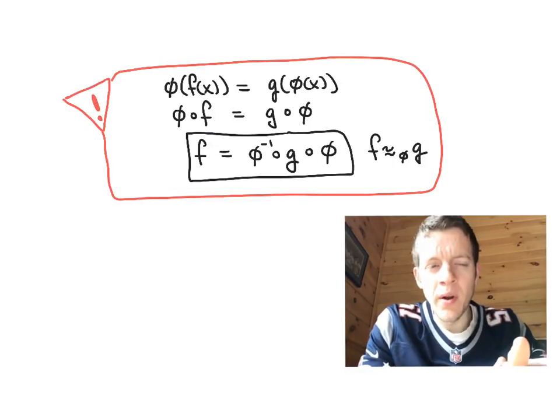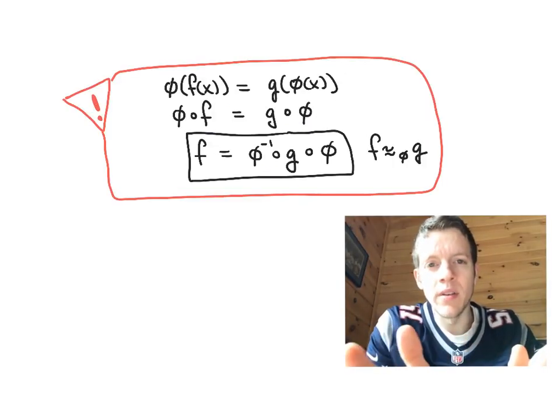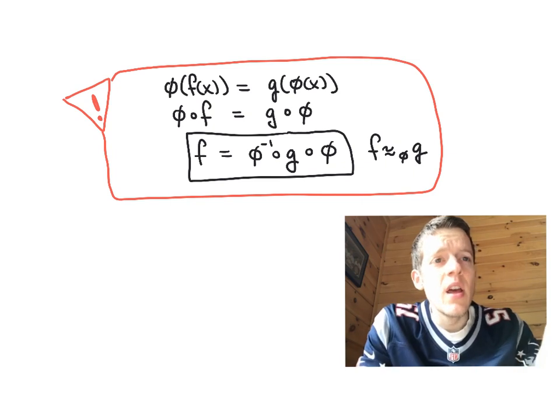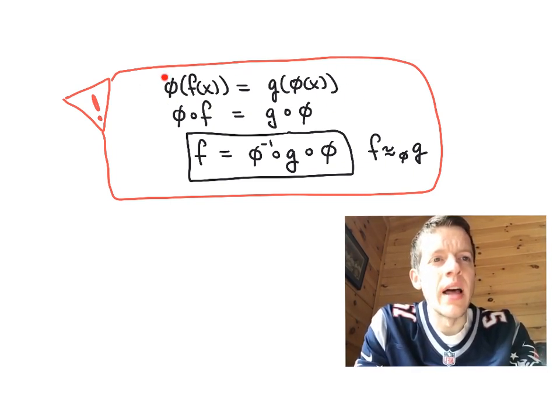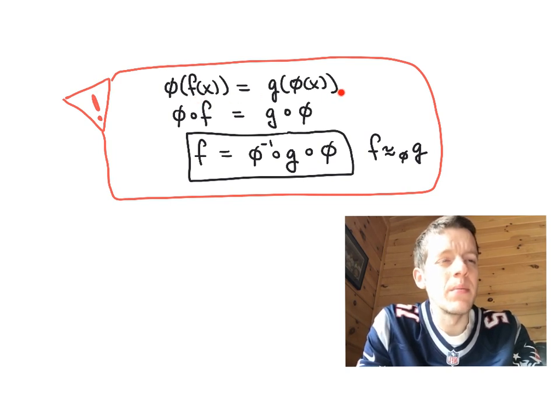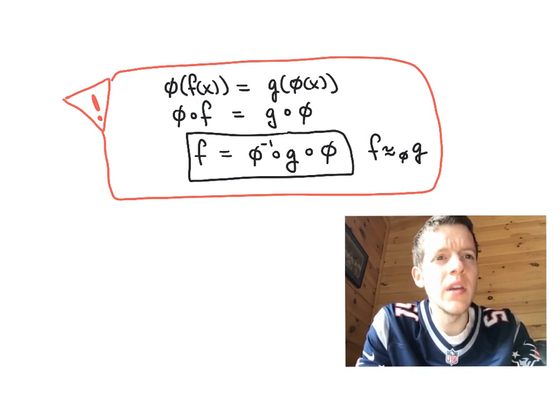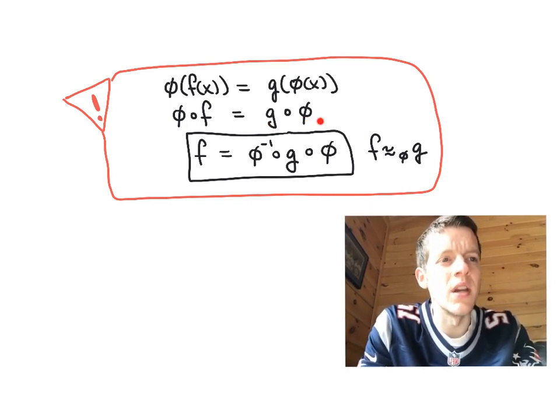So one important point, guys, I want to point out involving conjugacies, this is the equation that we had from the last slide. This is really a composition of functions. So this is really phi composed with f is equal to g composed with phi. So we can actually drop the x's and express it in this notation.